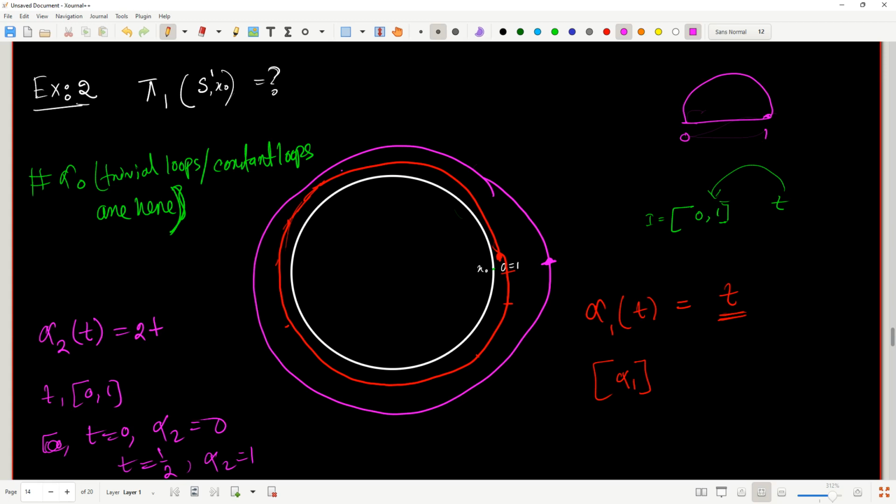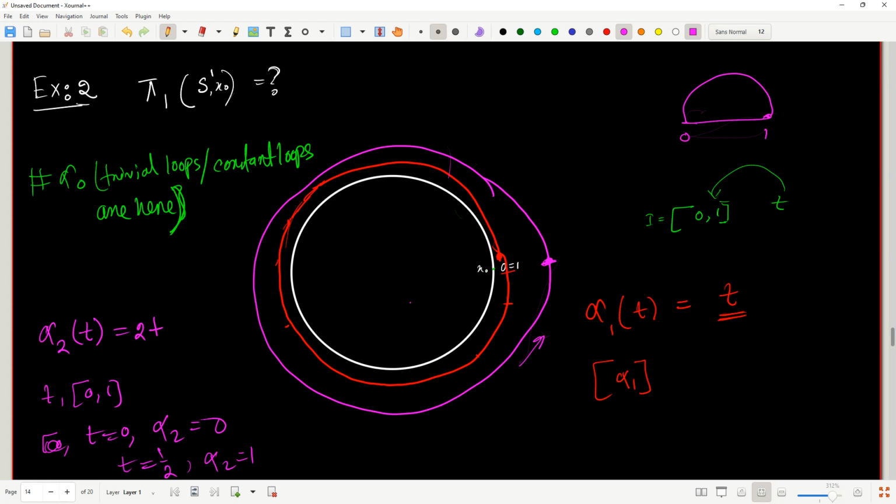So again, when t equals 1, you have something called a 2, but you don't have 2 over here, so you have to mod it by 2. What this means is that when you are here, you are done rotating around the circle, so to say, or you have returned to the base point once, but from that base point you run again and make another circle.